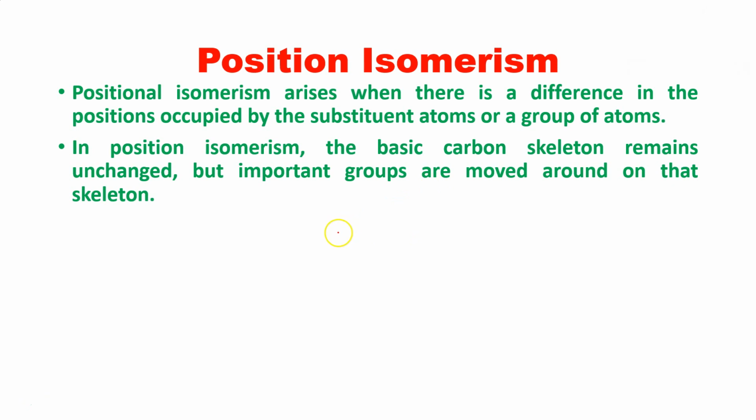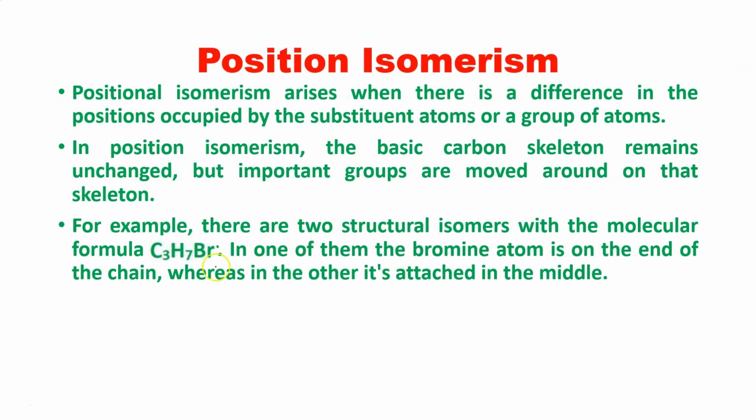So let us take an example like C3H7Br, right? So there can be a change in bromine substitution. Say for example CH3, CH2 and again CH2. The number of carbons is 3 and hydrogens 7, and bromine is attached at position number 1.